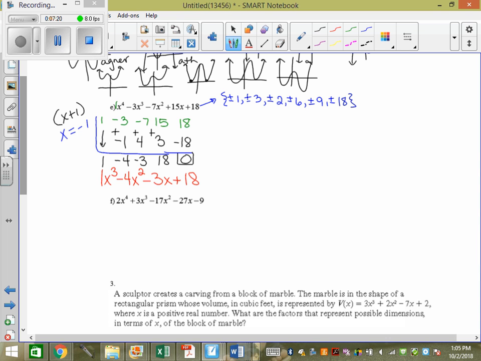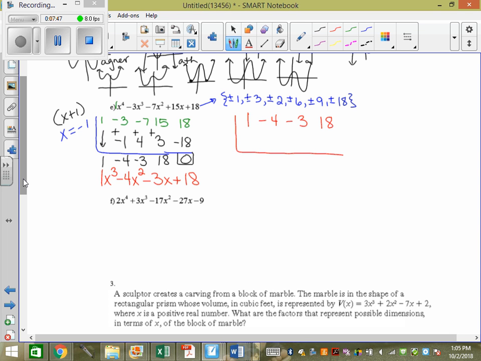We typed it into our calculator. So degree 5 is just going to get one more synthetic division. You have to do it to get to degree 4, then do it again to get to degree 3, then do it again to get to degree 2.